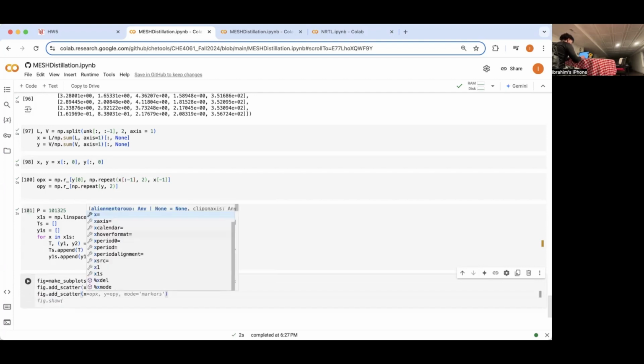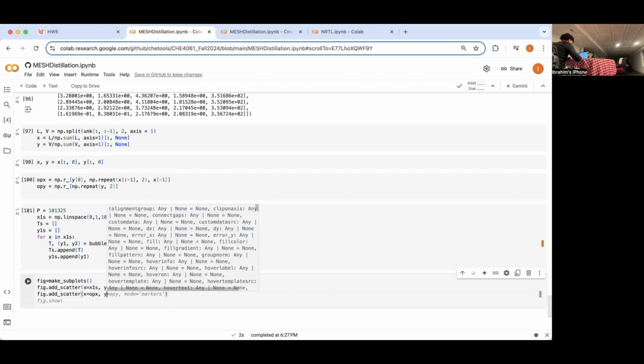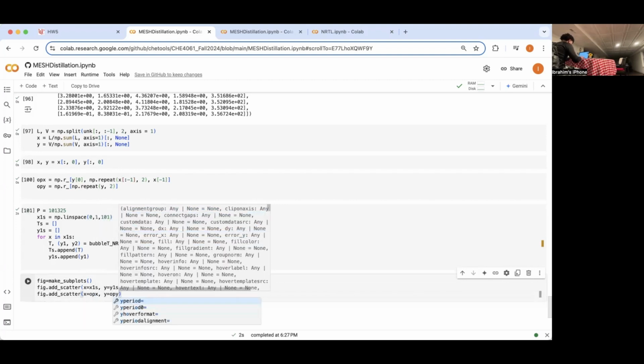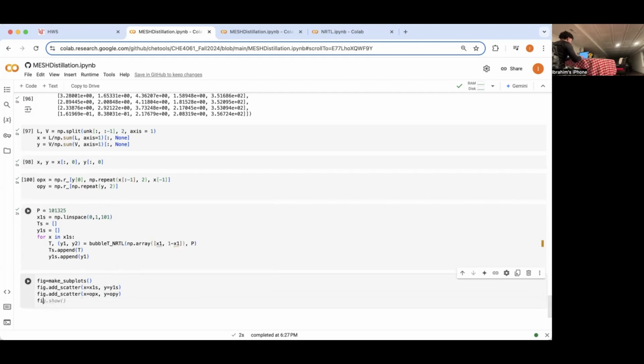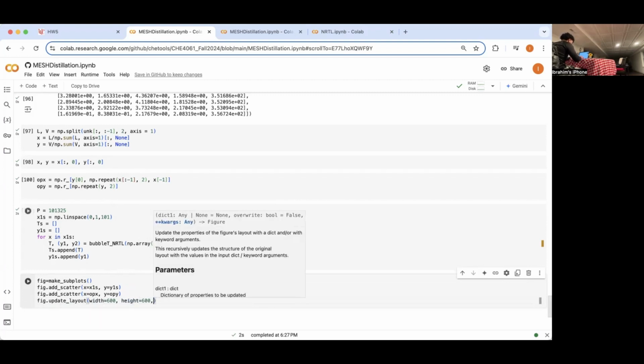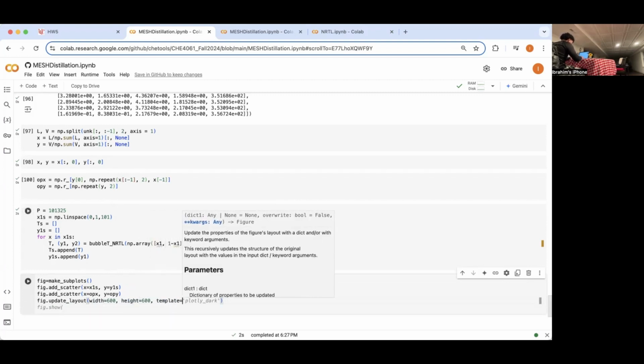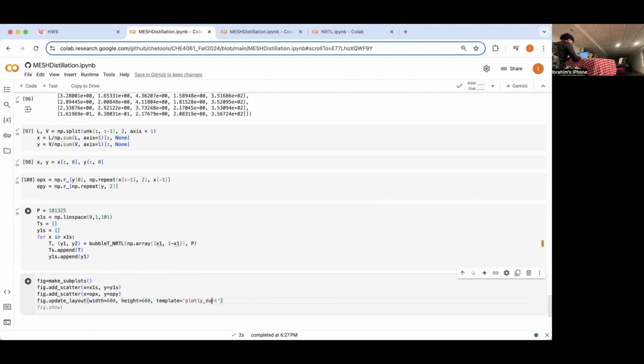Our x is going to be equal to OPX, and our y is going to be equal to OPY. Yeah, okay. All right, so last thing, we're going to update the layout for this. fig.update_layout. We're going to set our width equal to 600 and our height equal to 600 and our template equal to plotly_dark.